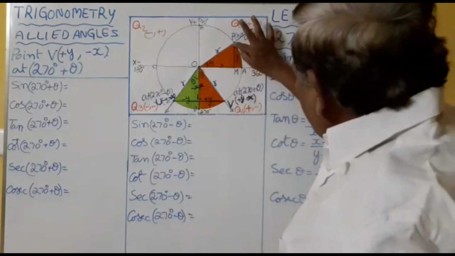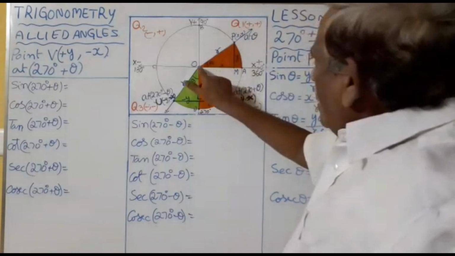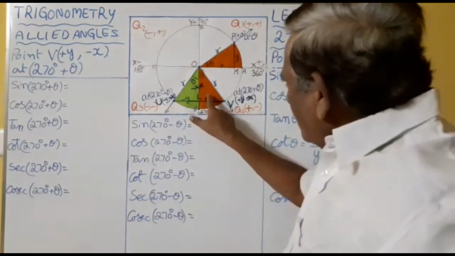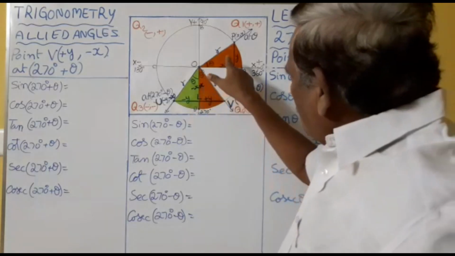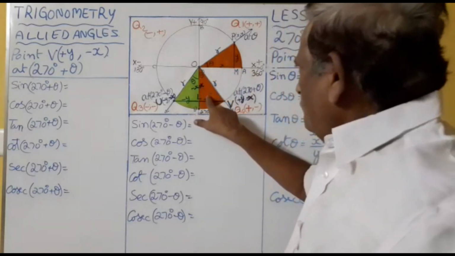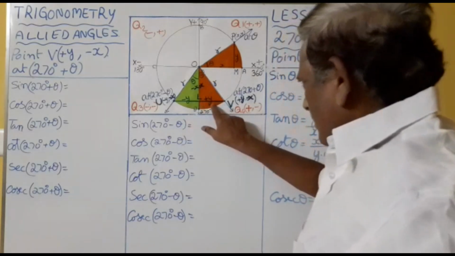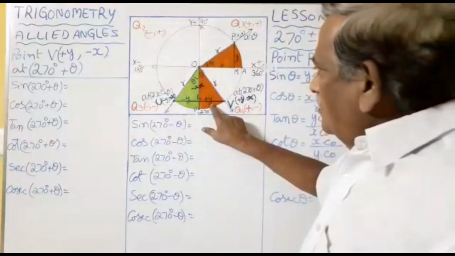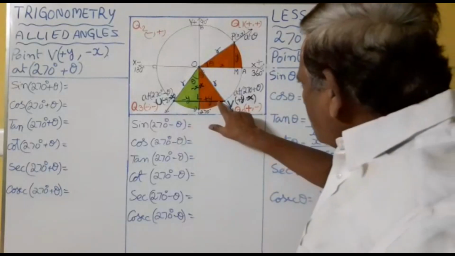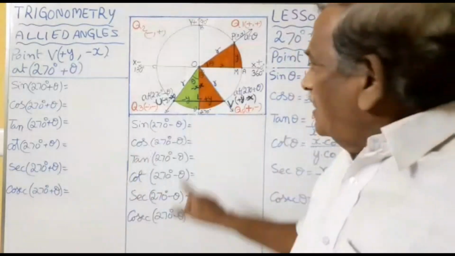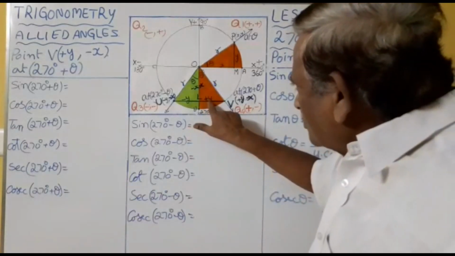Generally, the vertical distance is the y coordinate and the horizontal distance is the x coordinate. Here, when the sector is at this position, the horizontal distance is y. This horizontal distance is generally taken as the x coordinate. Therefore, this is the x coordinate.